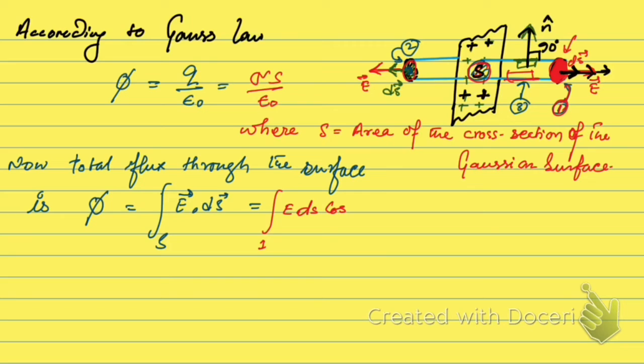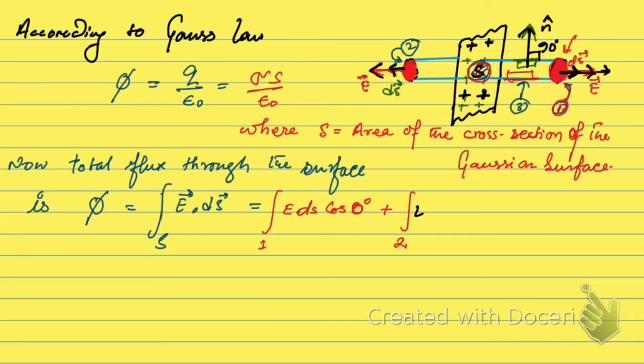That's why the angle is 0 degree here, cos 0 degree. Similarly for surface number 2, this end, which also has area S, the area vector is in the same direction as E. So theta is 0 here also, and E dot ds is E ds cos 0.